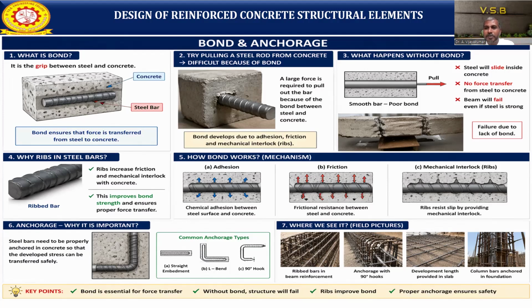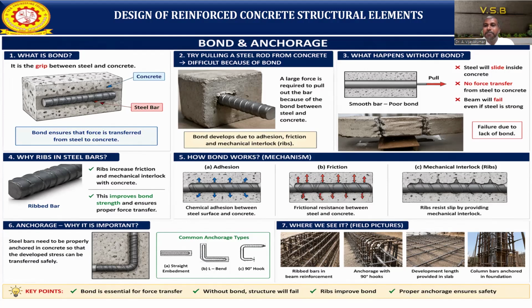So how will bond work? We have a mechanism of behavior. The first one is adhesion. When you use this ribbed bar in the concrete, how does the mechanism work? There is chemical adhesion between the steel surface and concrete, which gives more grip into the concrete.